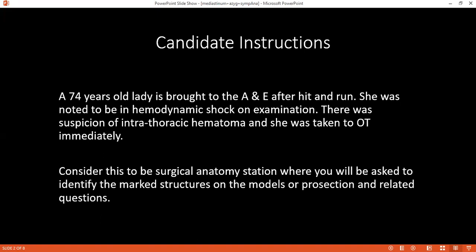So if you have read and understood, considering a surgical anatomy station, kindly tell me what you understand by the term mediastinum.